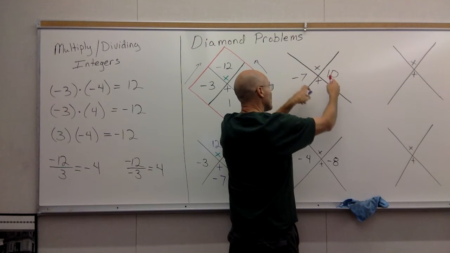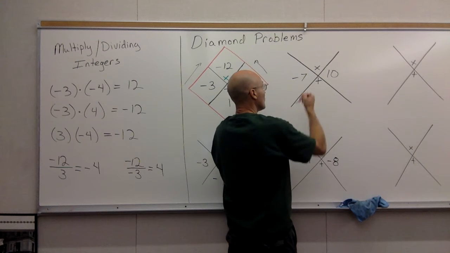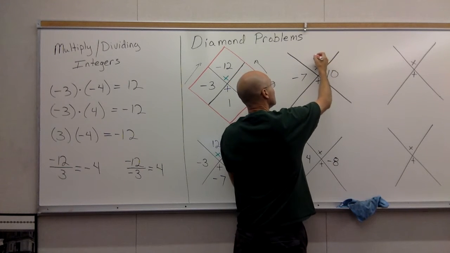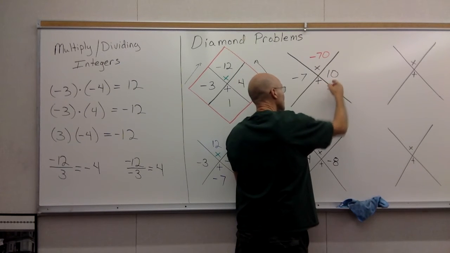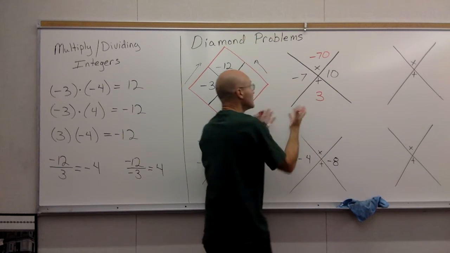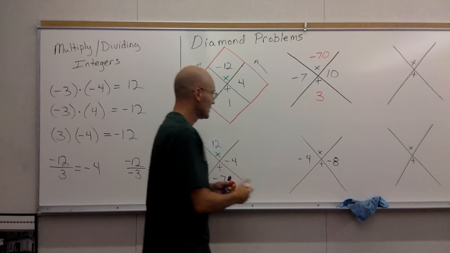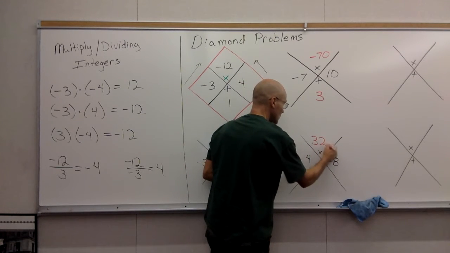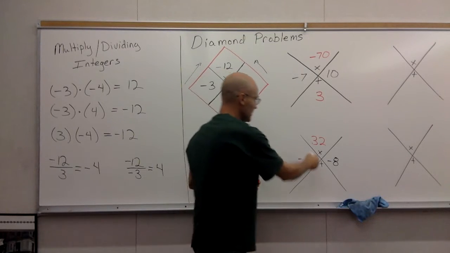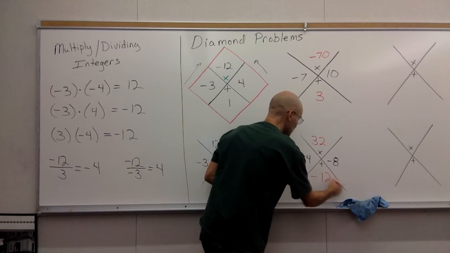And we want to add them and put them in this part. And so multiplying negative 7 times 10 is negative 70. And negative 7 plus 10 is positive 3. And we've completed that problem. Negative 4 times negative 8 is 32. And negative 4 plus negative 8 is negative 12.